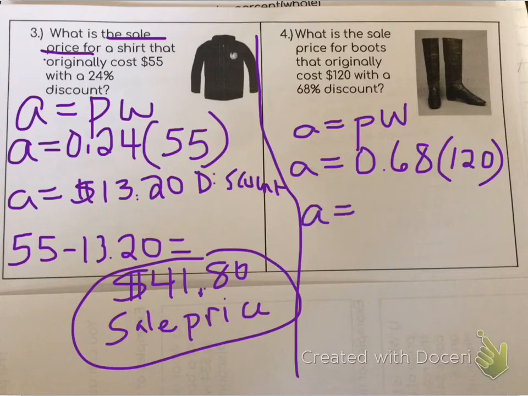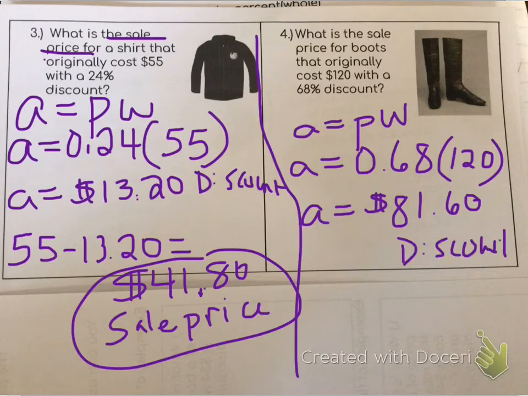0.68 times 120, you get $81.60. That is not the price you're paying. That is your discount. So you're going to take that and subtract it from your original price of $120.